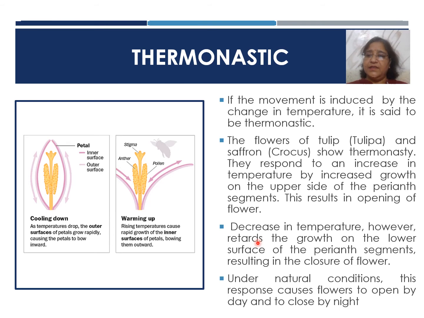When there is a decrease in temperature, the growth of the lower surface is retarded, which means that the inner, upper surface shows more growth. So that is why it causes the flower to close. So the buds are open when the temperature is increased.